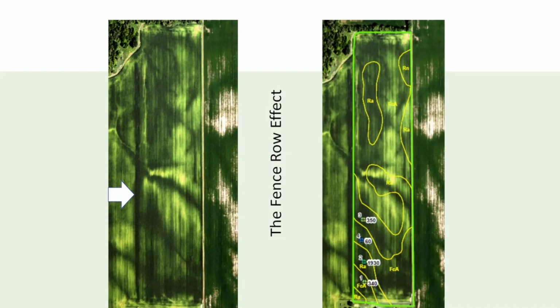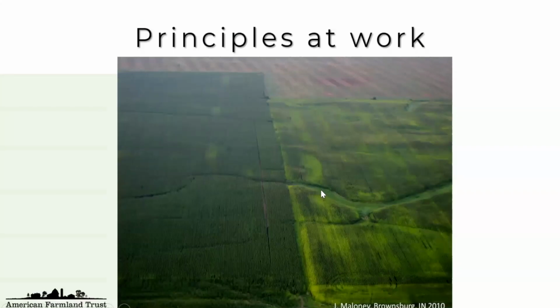So we're maximizing biodiversity, we're maximizing cover, we're maximizing living roots. Fence rows don't tend to be plowed up, we're minimizing disturbance. So fence rows are often some of the last remaining places in ag where all soil health management principles are in effect. And when those fence rows get plowed up, for a few years, you got a yield bump and more resilience right there where that soil health, soil function was built up.